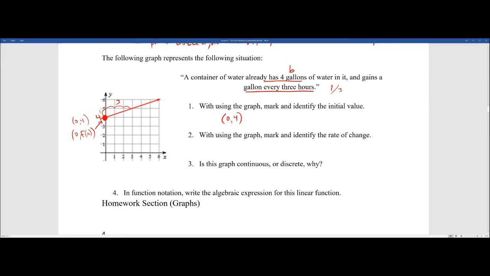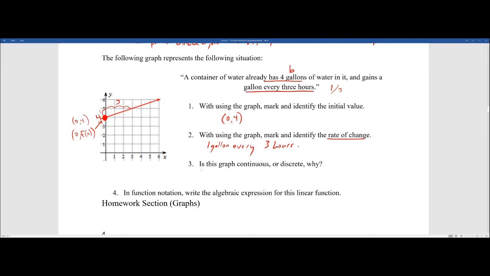Next, using the graph, mark and identify the rate of change. When we talk about rate of change, talk about it with context, and we do have context. We're talking about water and time. So I wrote 1 over 3, rise over run, but that is 1 gallon every 3 hours. That is technically our rate of change.